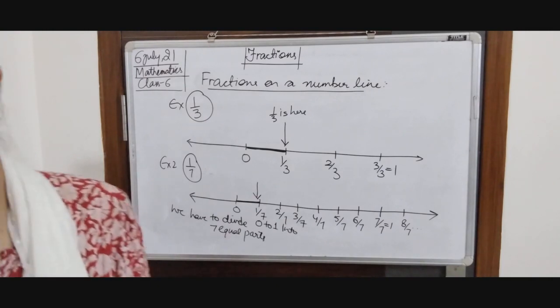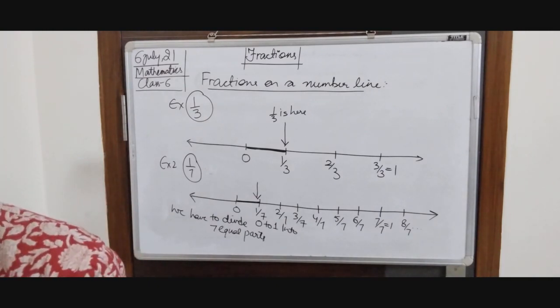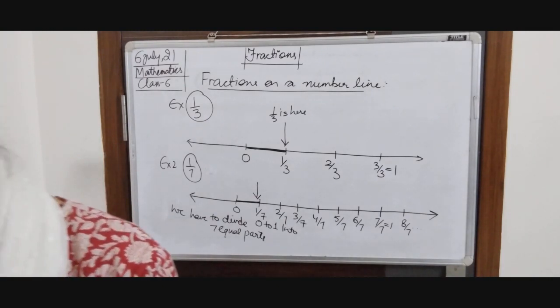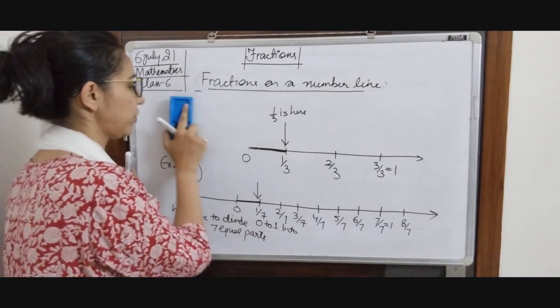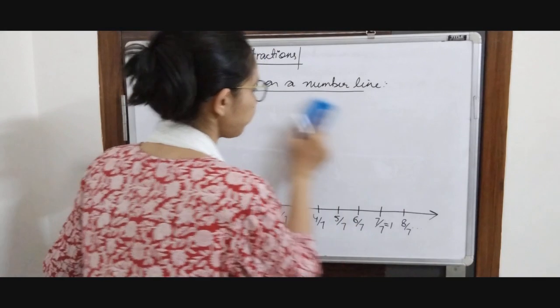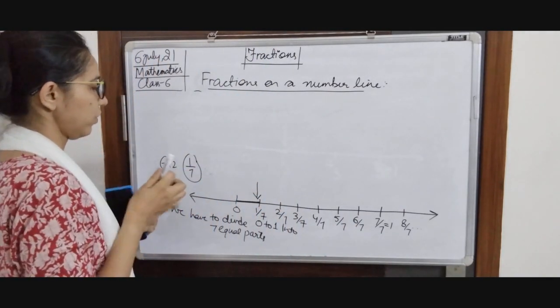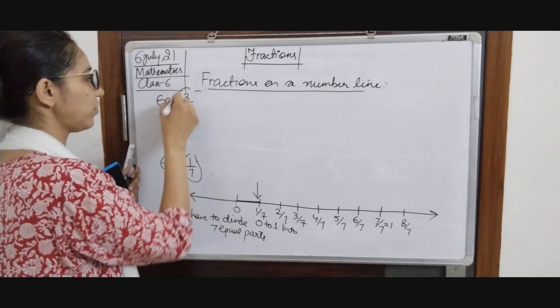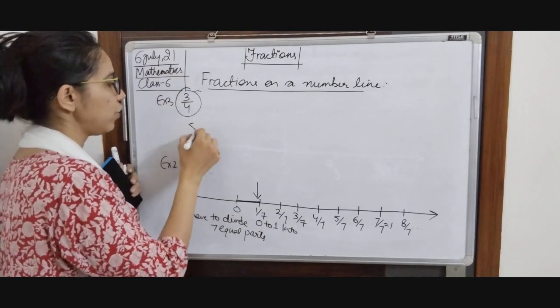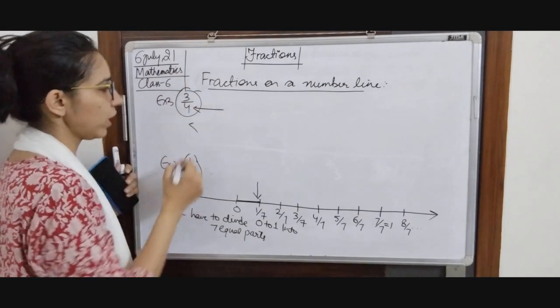Similarly, we can represent other fractions also, like 3 by 4, okay. Now I want to represent 3 by 4. So example 3 is 3 by 4. Represent 3 by 4 on the number line. You will check the denominator, okay.